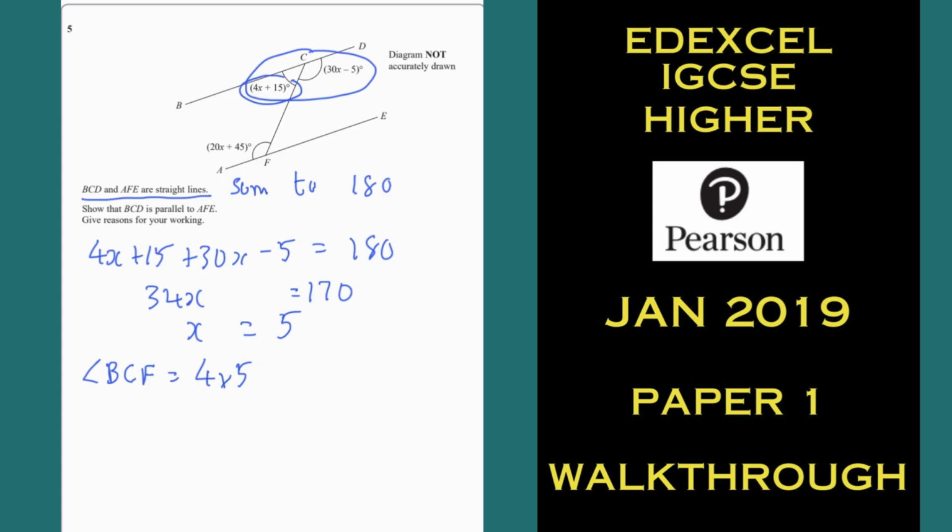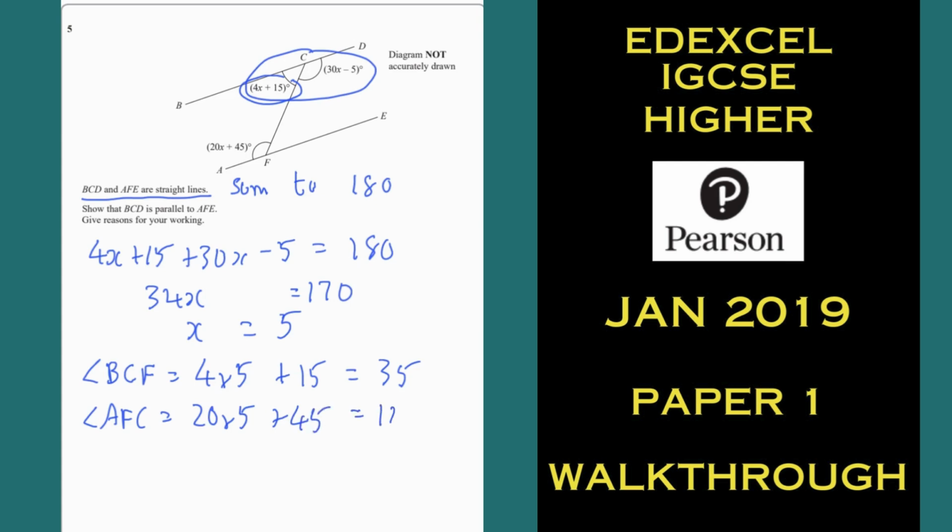So 4 lots of x plus 15, we get 35. Angle AFC is 20 lots of x plus 45.